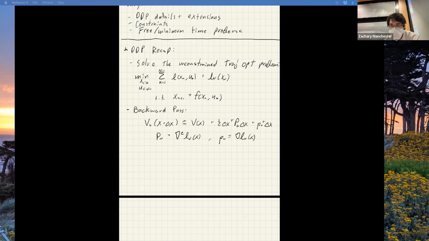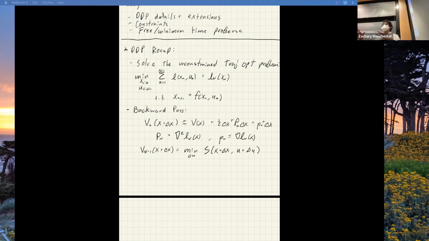Cool. And then we do the standard Bellman recursion. So we do V_{N-1}(x + delta x) is min over delta u of the second order Taylor expansion of the action value function, right? We're minimizing that second order Taylor approximation over the deltas.